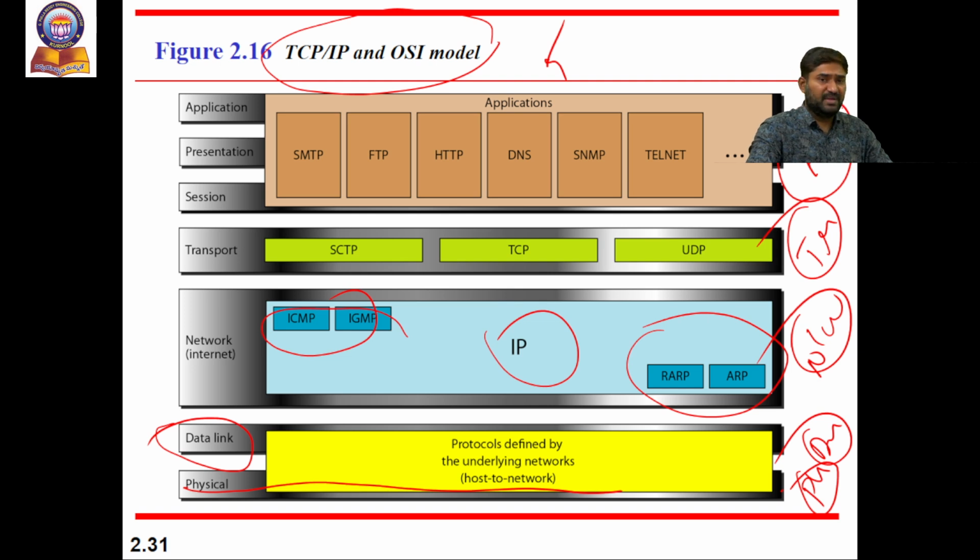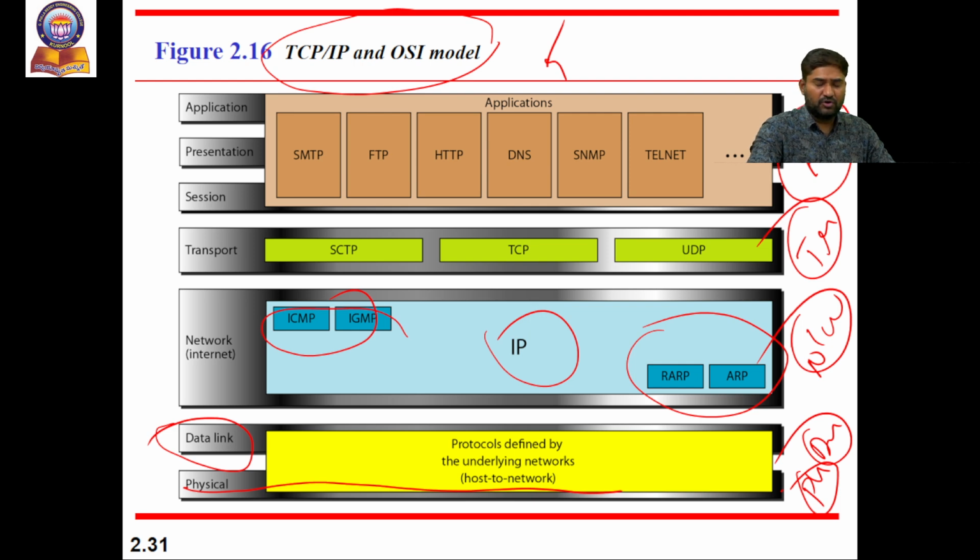What is SMTP? Simple Mail Transfer Protocol. What is FTP? File Transfer Protocol. What is HTTP? Hypertext Transfer Protocol. What is DNS? Domain Name Server or Domain Name System. What is SNMP? Simple Network Management Protocol. And Telnet is a Unix command, there is no expansion for this.